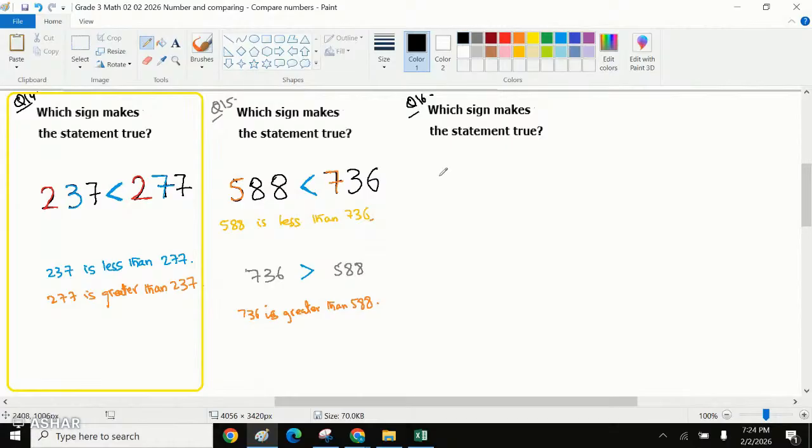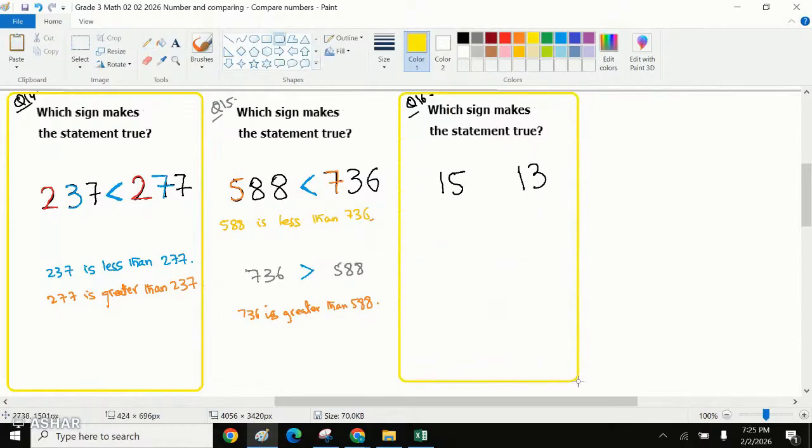If I would say 15, I cannot make it difficult. It's very simple, right? We know they both are 2-digit numbers. Agreed? And once we have 2-digit numbers, we can compare the tens and the ones.